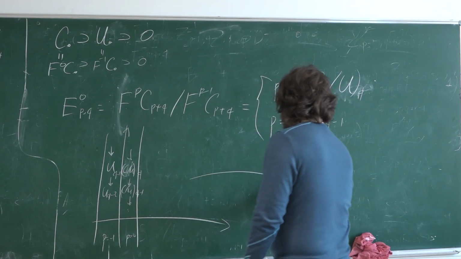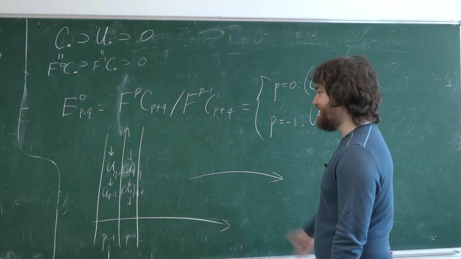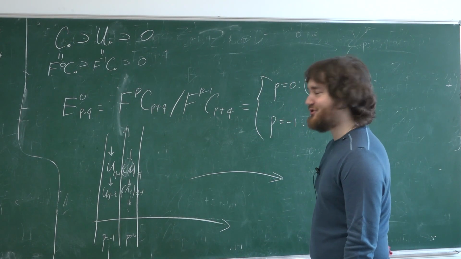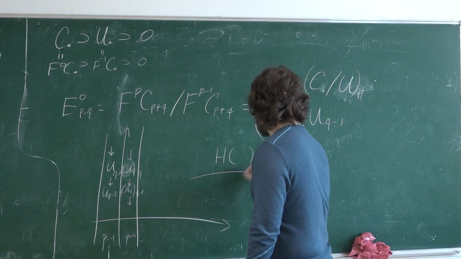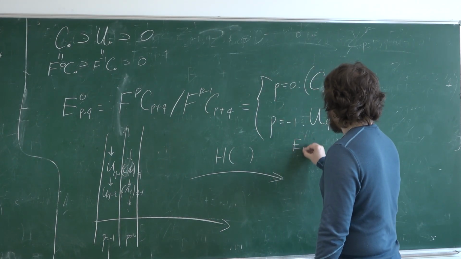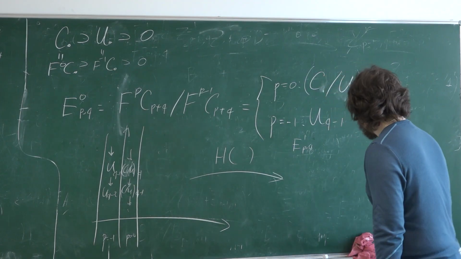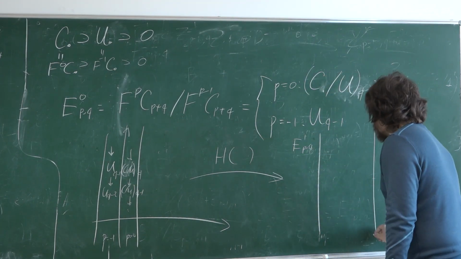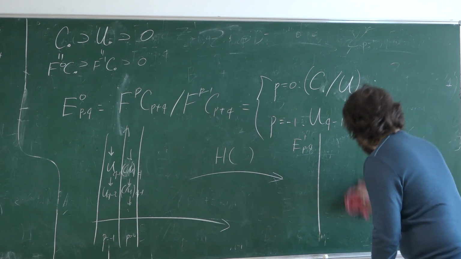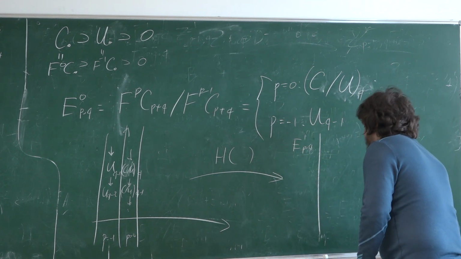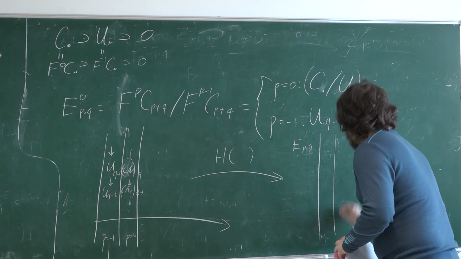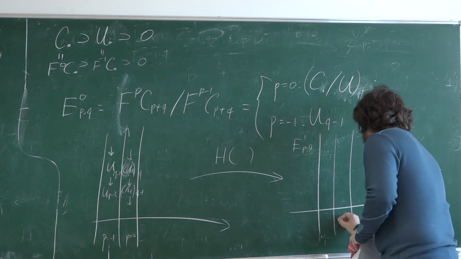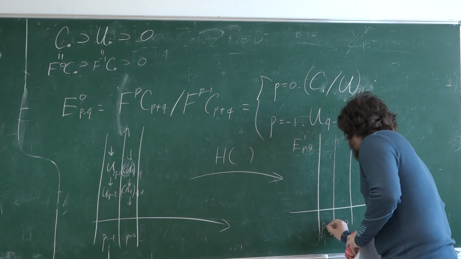Then let's compute the other pages by computing homologies. The first page is the homology of this. We also have these two columns, and we obtain the homologies: p = 0 and p = -1.